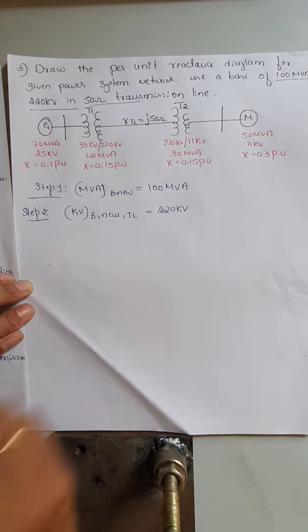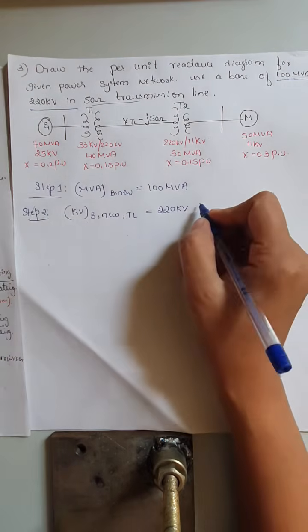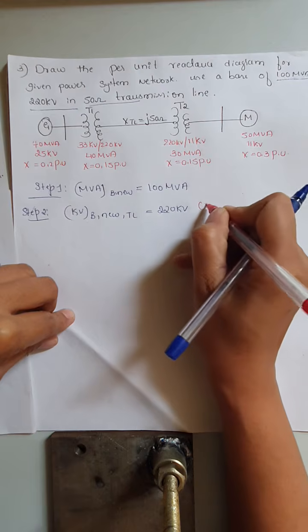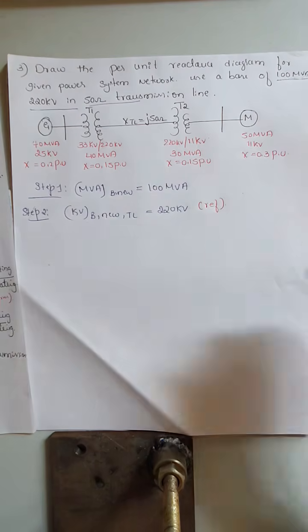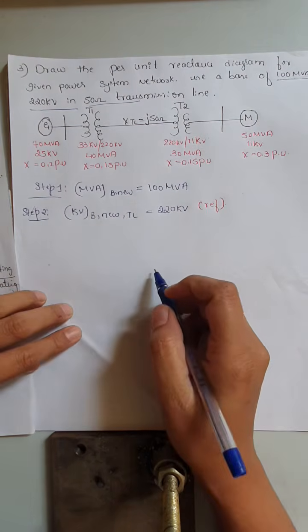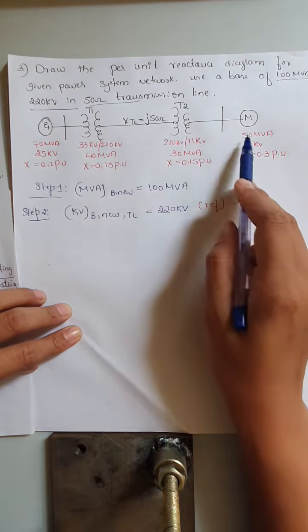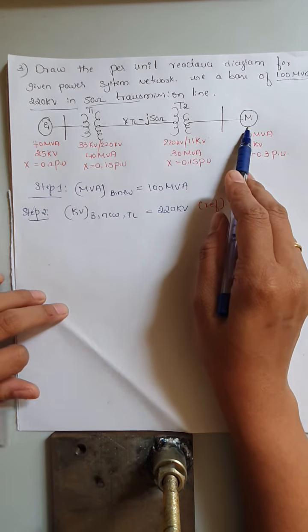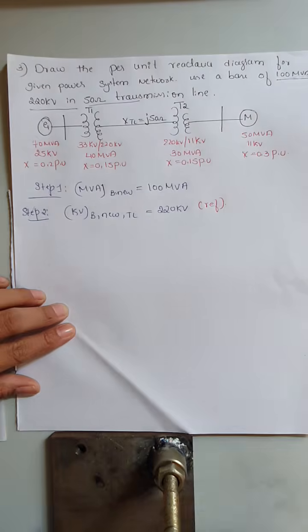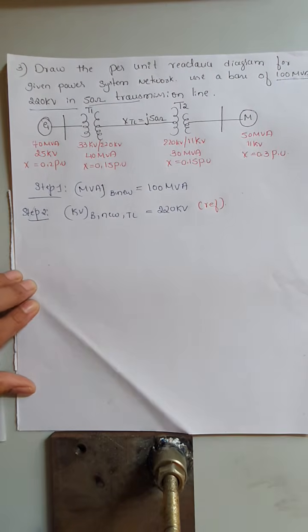This is the HT section base voltage. Now consider this as your reference value. By taking this reference value, we will calculate the base voltage of the generator. Next we will calculate the base voltage of the motor, since both lie on the LT section, or the low tension section.